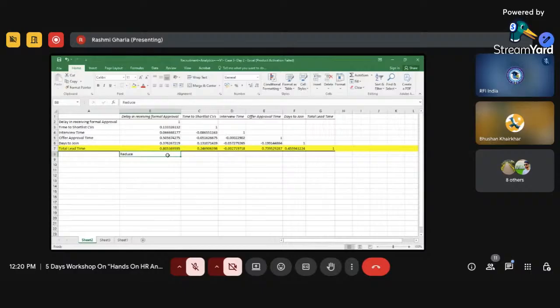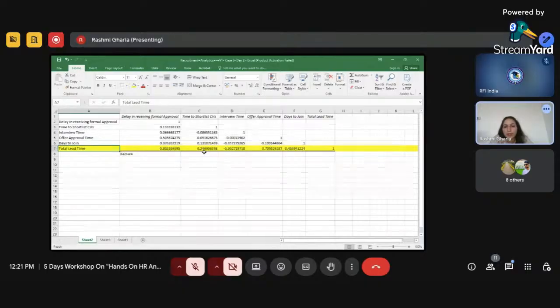Yes, ma'am. Now, second is time to shortlist CV and total lead time. Is there any relationship between these? The relationship is positive, but it is a weak correlation, we can say, right? So it is affecting, but it is weak. The relationship is weak, means the time to shortlist CV is not much impacting our total lead time.